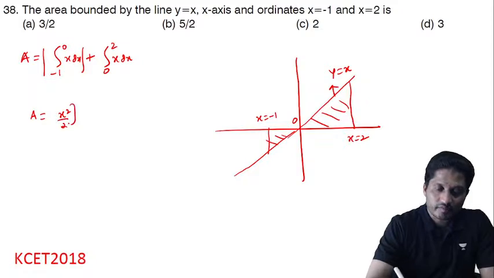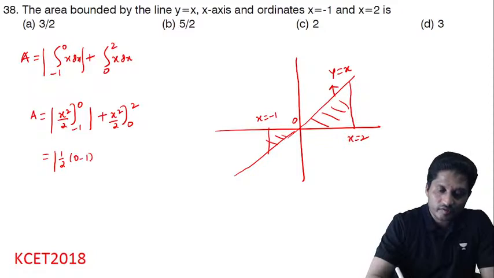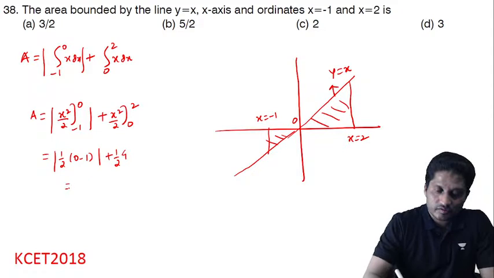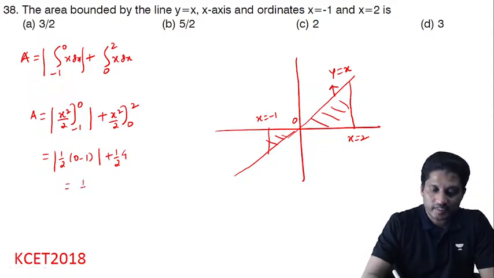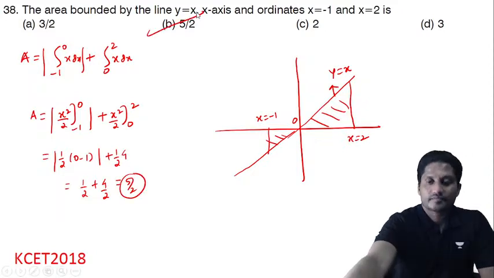Integration of x is x square by 2, from minus 1 to 0, plus integration of x is x square by 2 from 0 to 2. Half of 0 minus 1 square is 1. Half of 2 square is 4, lower limit is 0. Mod of minus is plus, neglect that negative sign, 1 by 2 plus 4 by 2 is equal to 5 by 2 square units. This is option B. Right, let's move to the next question.